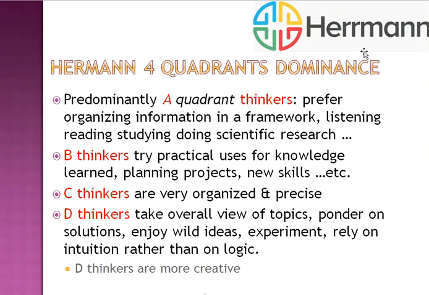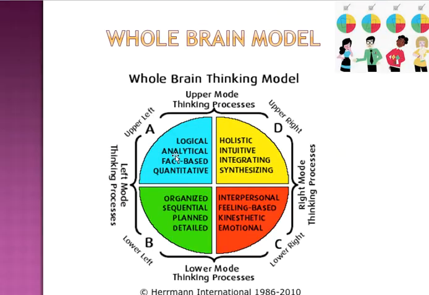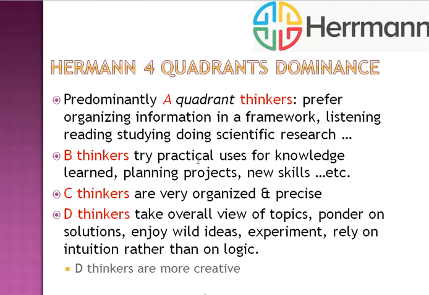Some persons, according to Herman, are predominantly A quadrant thinkers, which means that they prefer organizing information in a framework. Let's go back to the picture here. The A is like this. Those persons who are more oriented toward this quadrant of the brain prefer organizing information in a framework, listening, reading, studying, doing scientific research, and so on.